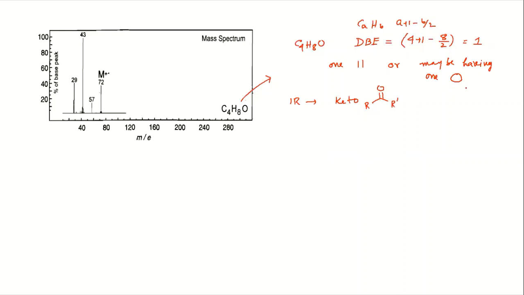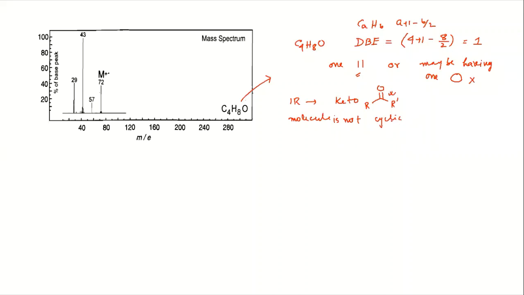that means you have no chance of having a cyclic ring. You got it? There is no cyclic ring, you have only one unsaturation, which is here, C double bond O. So the molecule is not cyclic.